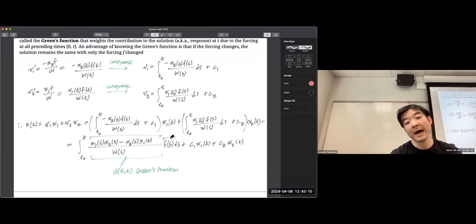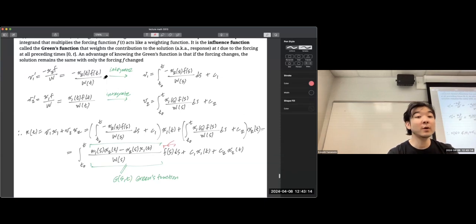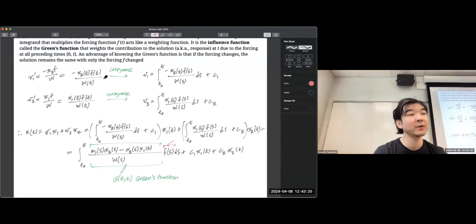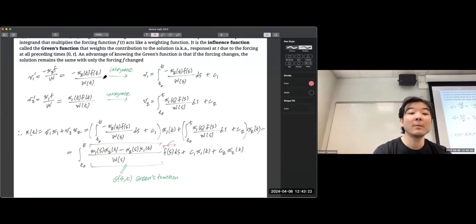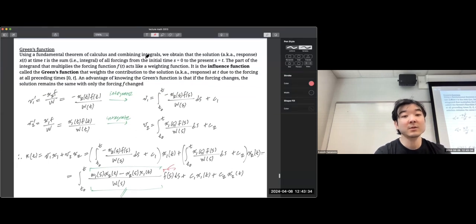So if you have a Green's function for your equation, so in general, your Green's function for your differential operator, then your solution form stays the same with only the forcing changed, with only your f of s changed.